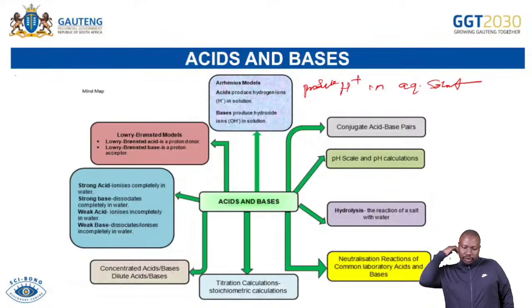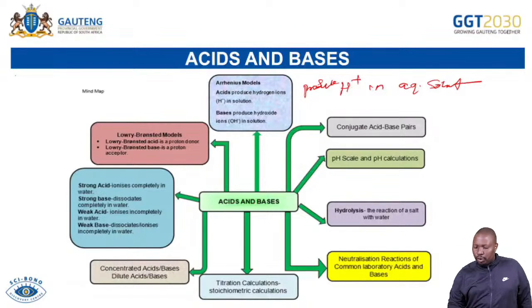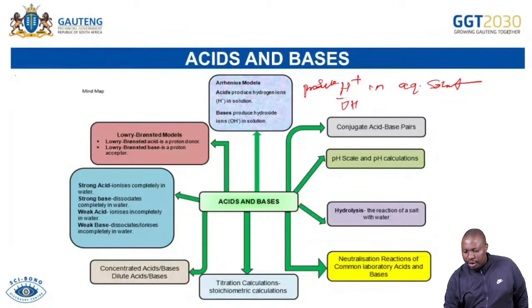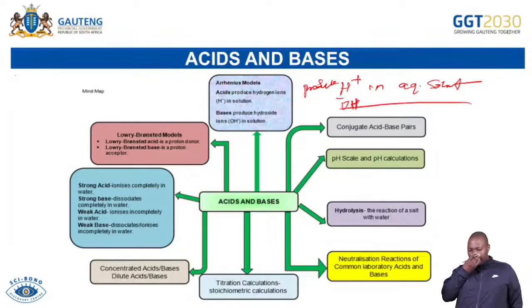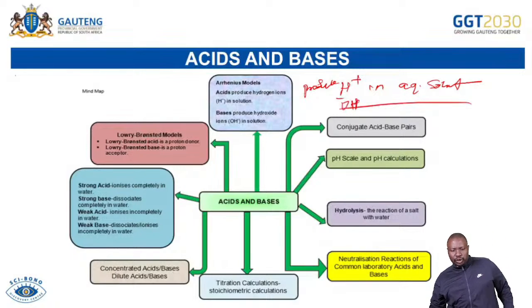Then Lowry-Bronsted said an acid is a proton donor, and a base is a proton acceptor.